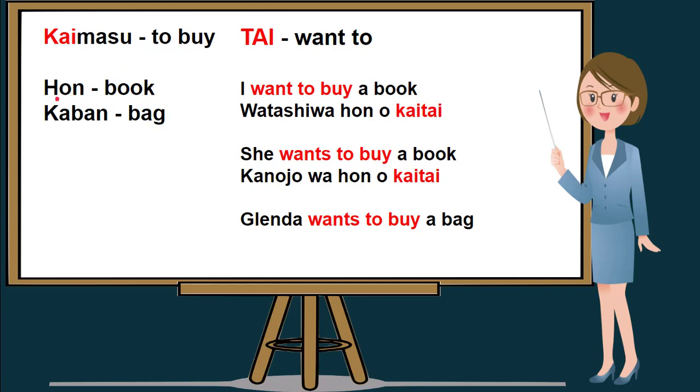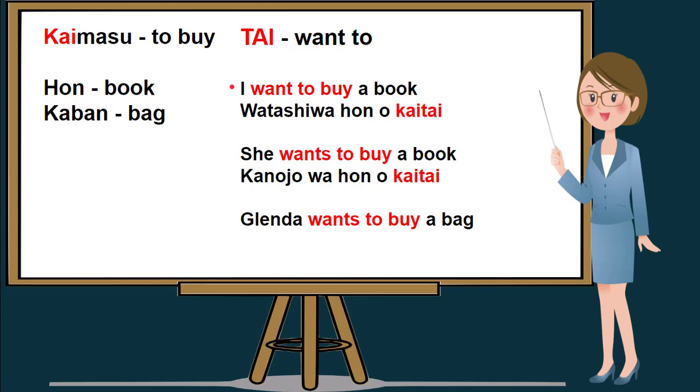Okay, this time we will create some sentences using kai or kaimasu, which means to buy. We will also be using hon, or book, and kaban, which means bag, in creating a sentence. In this first example, we will be adding tai at the end of the verb, which means want to.